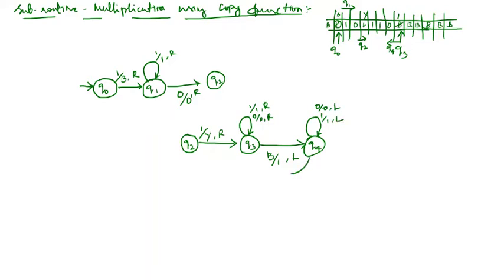Only when I read a y, it is made y and I change into q2 again. That is, after reading y in q4, I convert this into q2 here.